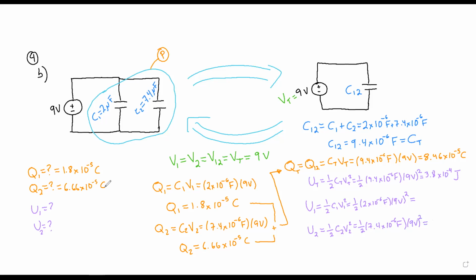So we really don't need the total energy to calculate the rest of the stuff. The only thing I'm trying to demonstrate in these two examples is that the individual energies are always going to add up to the total. So we really don't need this value. They're not asking us for this, but they could ask us for the total energy.